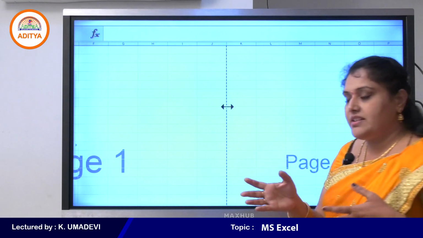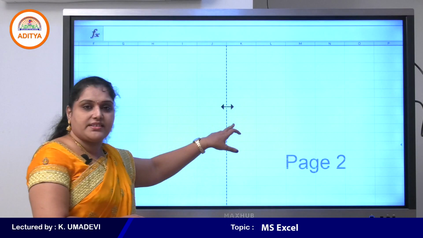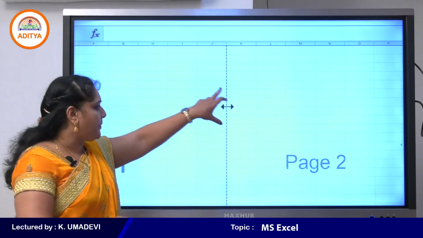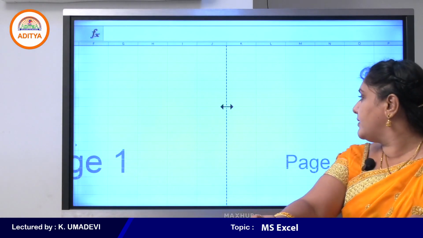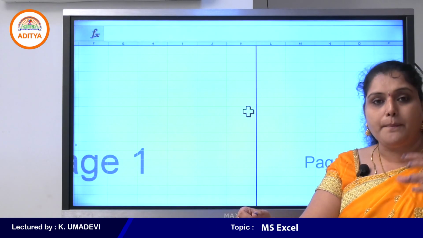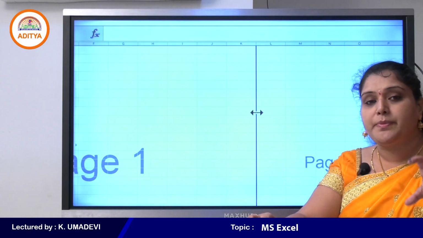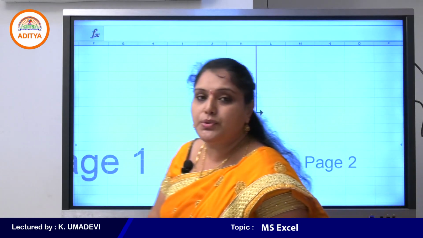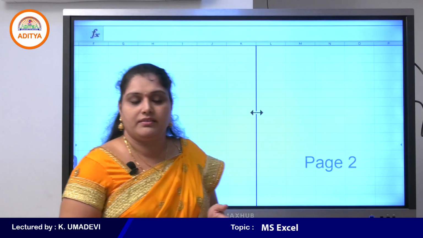To adjust the columns and the text, simply adjust the page break. Move the mouse pointer on the page break line, and click and drag the blue line to set or adjust the page breaks. This can be done in page break preview. Page break preview helps to view the page breaks when the workbook is printed.